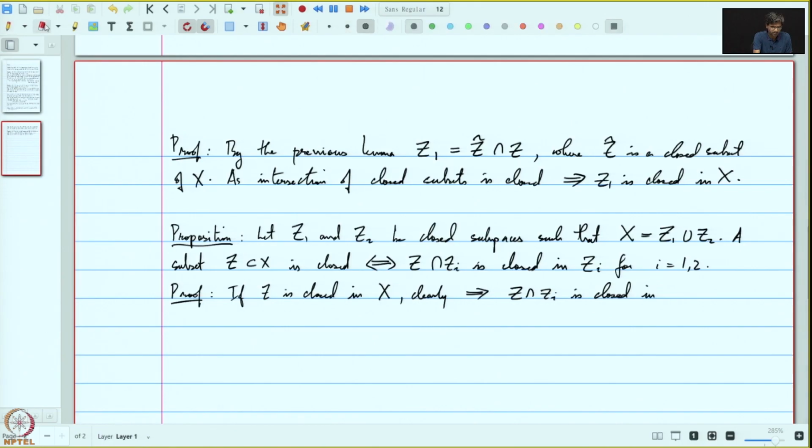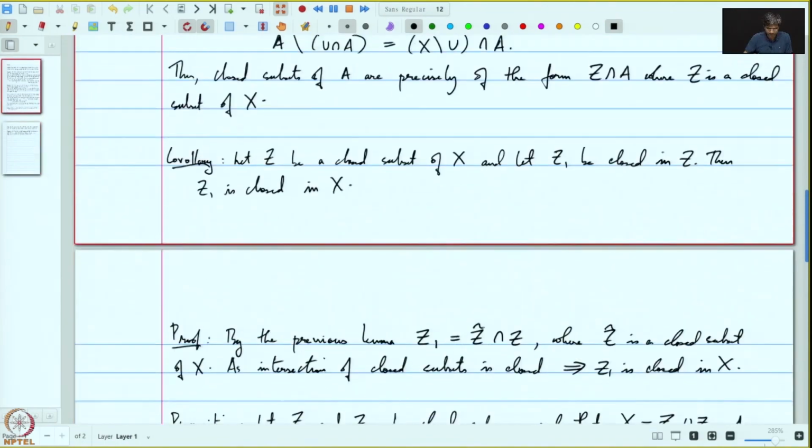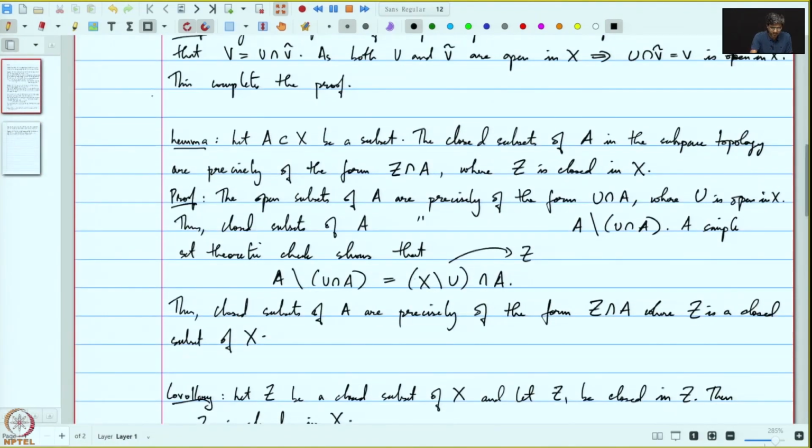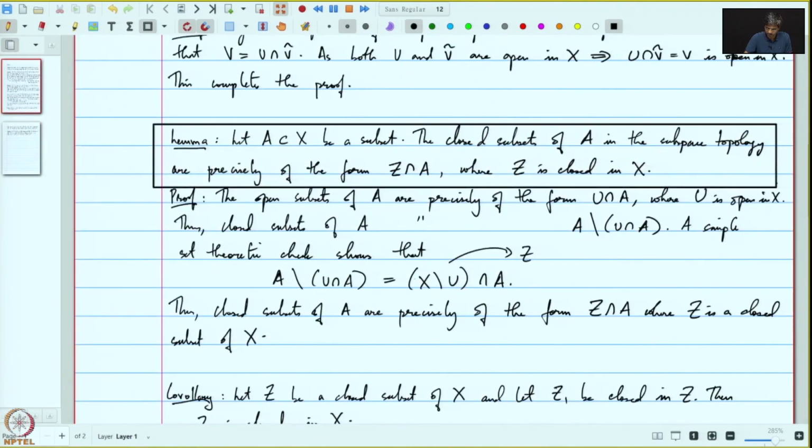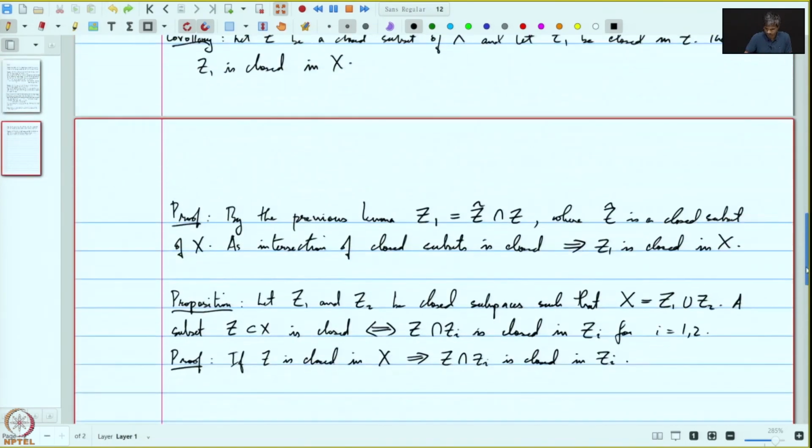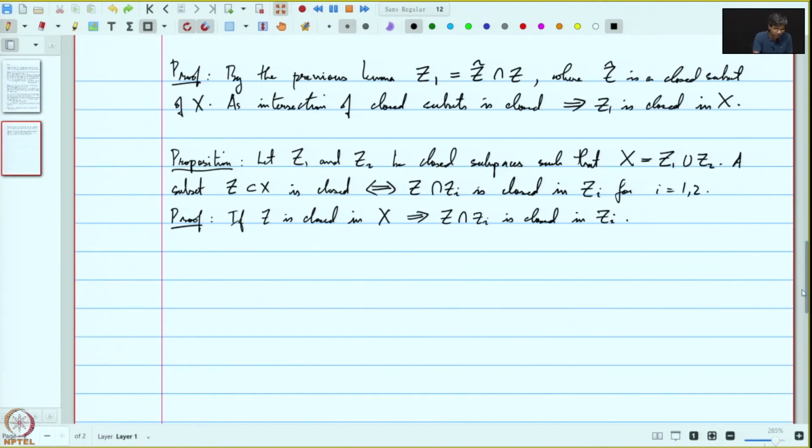So then by the lemma, let me just write, this implies that Z intersection Zi is closed in Zi, because of this earlier lemma. And so let's prove the converse.